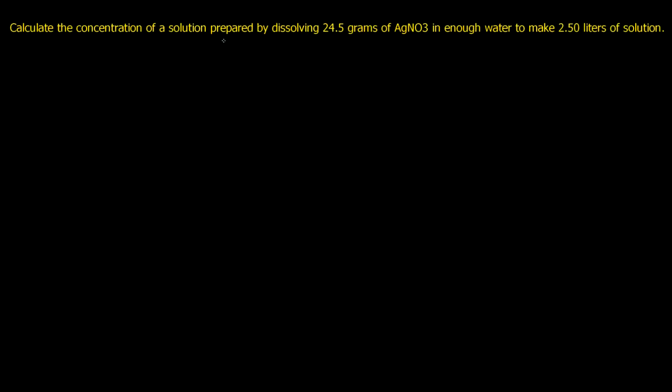Calculate the concentration of a solution prepared by dissolving 24.5 grams of silver nitrate in enough water to make 2.5 liters of solution. So let's pick out our information. So I got 24.5 grams. Well, that's a mass. And we know we have to have moles. So I have to convert this.